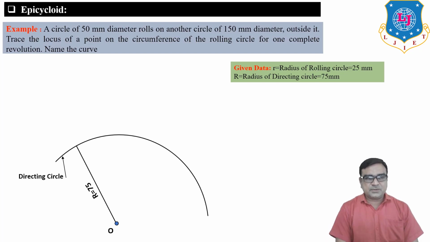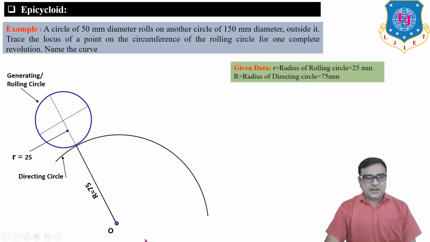So first of all, you have to draw one full circle or segment of a circle which has a radius of 75 mm. This is known as the directing circle. Now put another circle which is known as the rolling circle.